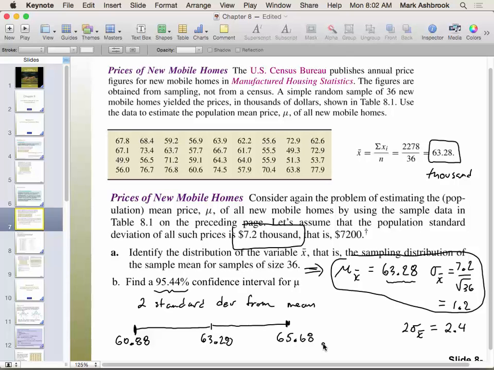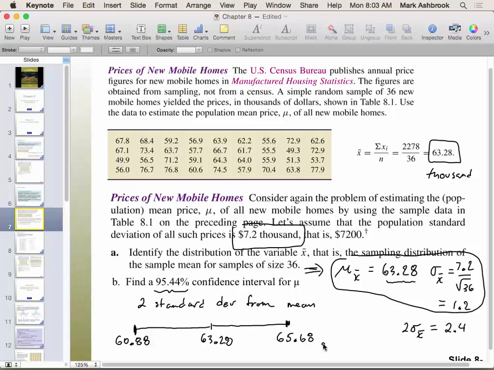This is all information from what? From a sample of size 36. And our goal is to find out about what? The population. This is statistics, right? You take a sample of a huge population, then you try to figure out things about the population. So we got the mean of the sample, and that's our best guess at what the population mean is.